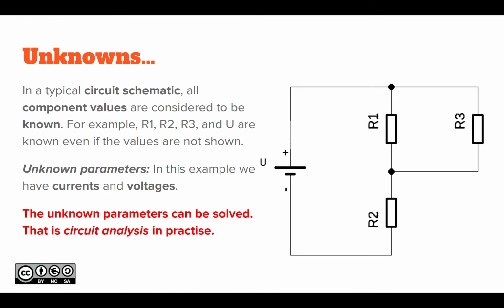So U can be used as a value. So what are then the unknown parameters? In this example, they are something that we haven't marked there yet. So currents, how much current is flowing through each component, and then also the voltages are unknown. And those unknown parameters can be solved, and that's what circuit analysis is all about.